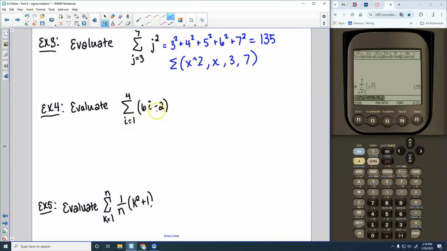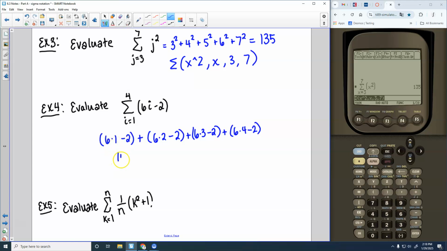4 is not that bad to do without a calculator. It would be 6 times 1 minus 2 plus 6 times 2 minus 2 plus 6 times 3 minus 2 plus 6 times 4 minus 2.